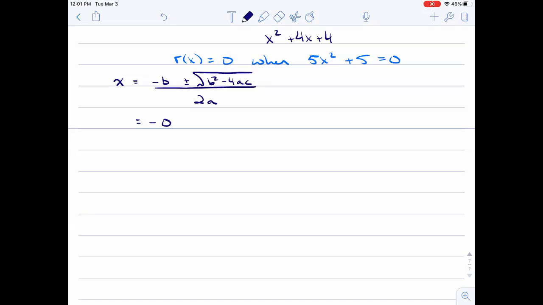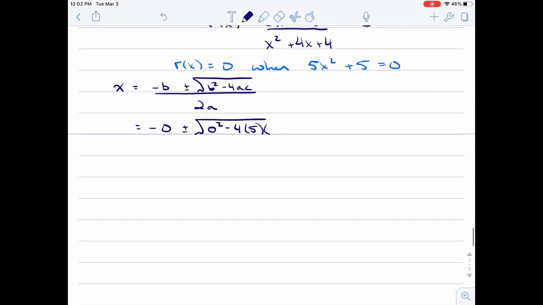Because our b is actually 0x. -0 plus minus the square root of 0 squared minus 4 times a, which is 5. Hey, what the? Did I copy it down wrong? 5x squared plus 5 -4. I just don't want to take the square root of a negative because I can't.